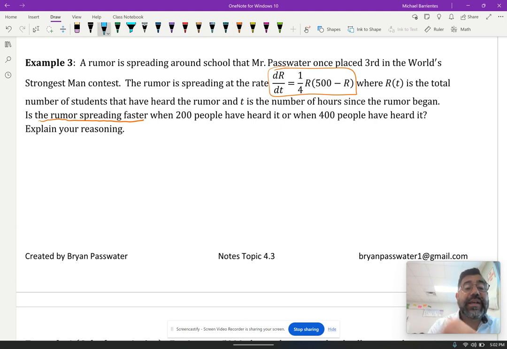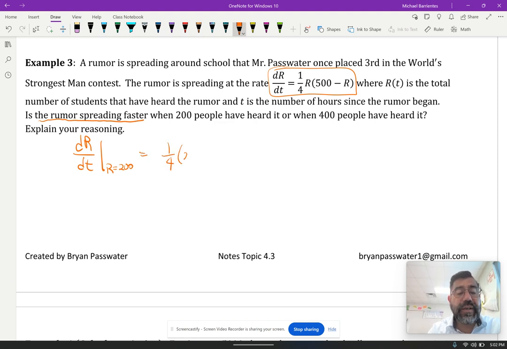So we can say dr/dt evaluated when r is 200, when the number of people that have heard the rumor is 200. According to this formula, that would be 1/4 times 200 times 500 minus 200.